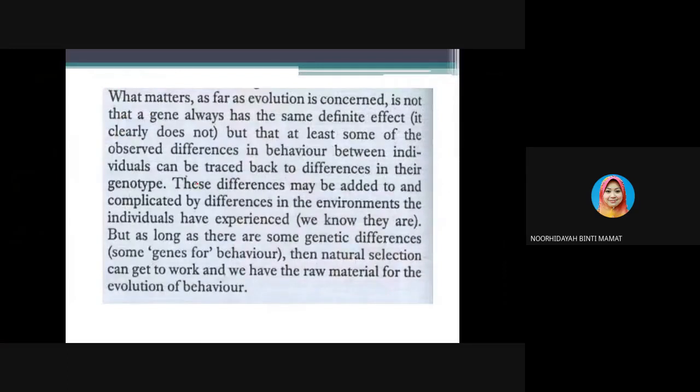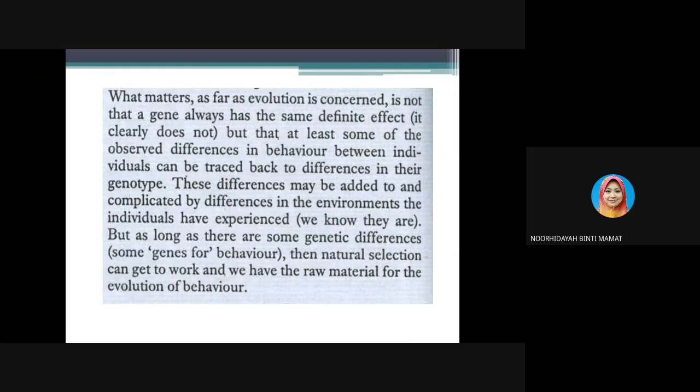So what can we conclude about the genes and the relation between the genes and behavior? As far as evolution is concerned, it is not that a gene always has the same definite effect.